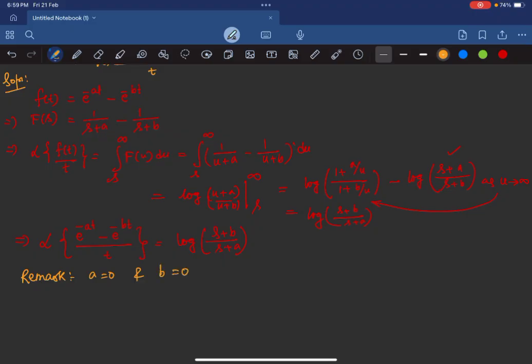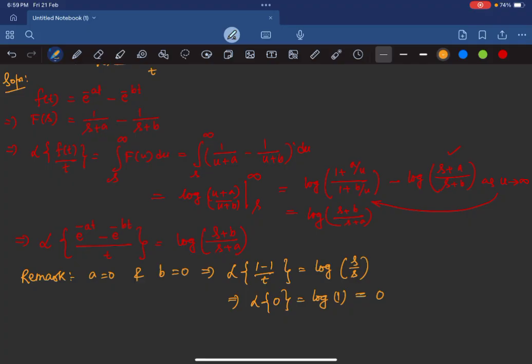So the Laplace transform of (e^0 - e^0)/t, that is (1 - 1)/t, gives log of s by s. So the Laplace transform of 0 is log 1, which is 0. So one beautiful remark you can find from here.